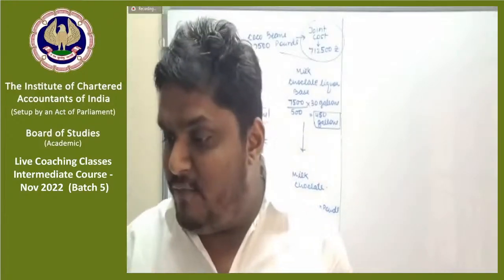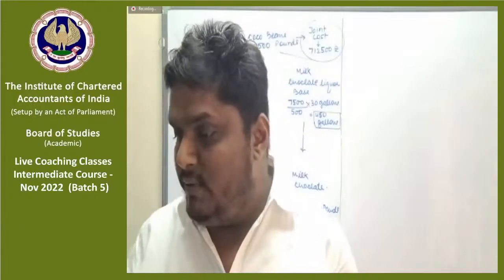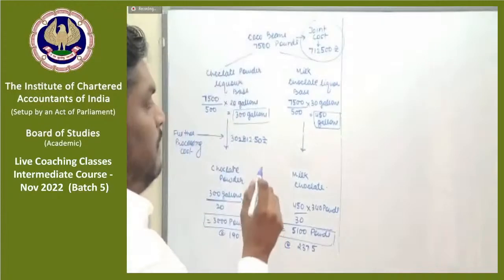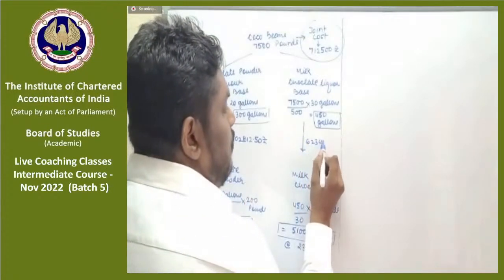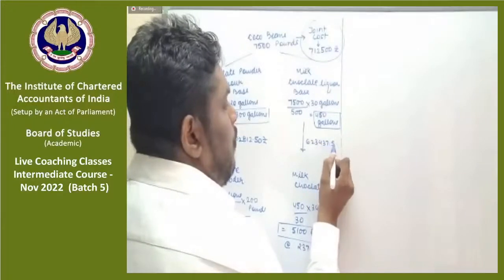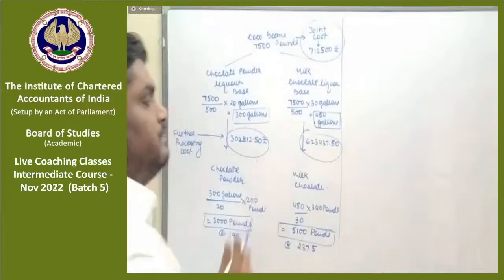And similarly for the other one, it is 623,437.50. This is my further processing cost.